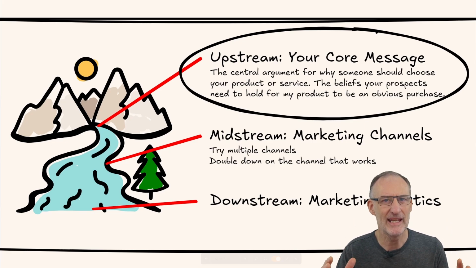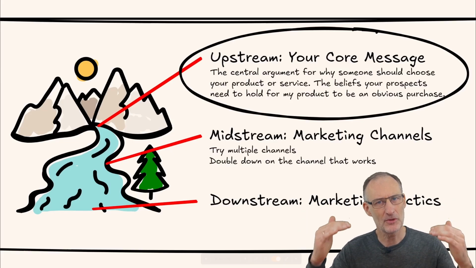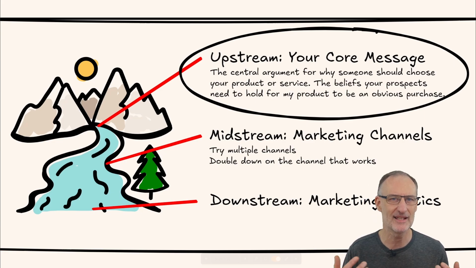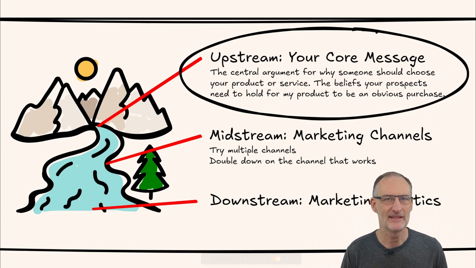These are the beliefs that the customers must hold in order to make a purchase. Then further downstream are the marketing channels. You can think of Facebook or Twitter or different types of ads, etc. And further downstream, you find the marketing tactics. These are all the gimmicks that people play, creating a sense of urgency to buy, etc.